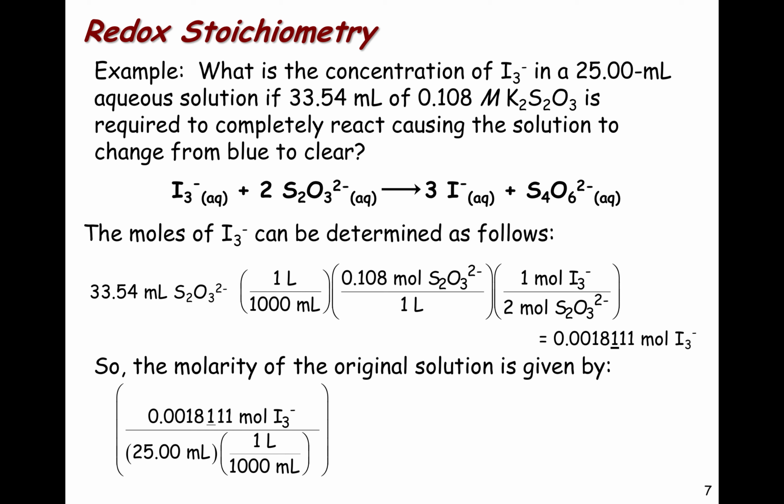But of course, molarity is moles per liter, so we have to convert that into liters. Finally, we do the math, and we recognize that we need only, in this case, 3 significant digits because the molarity has 3 significant digits in it. And so we end up with our final answer of 7.24 times 10 to the negative 2 molar I3 minus.